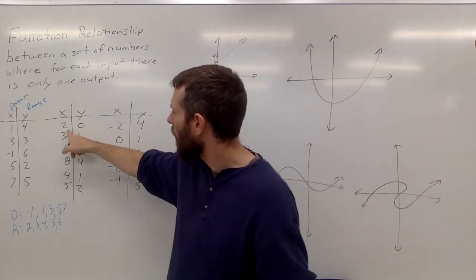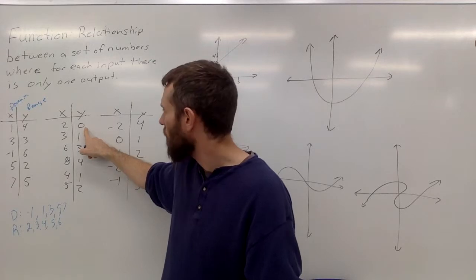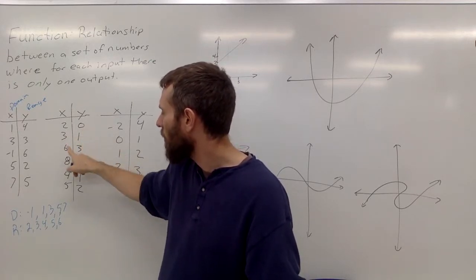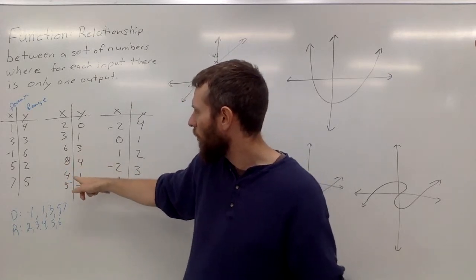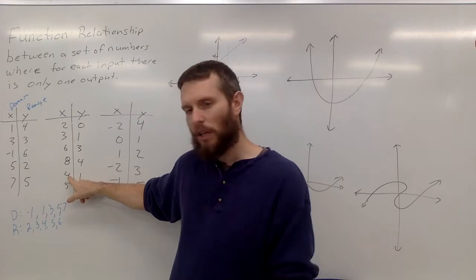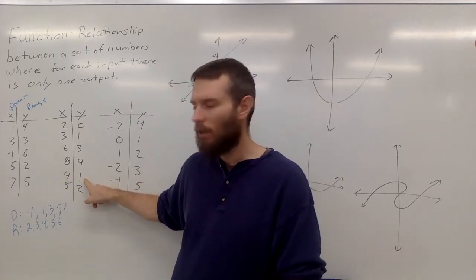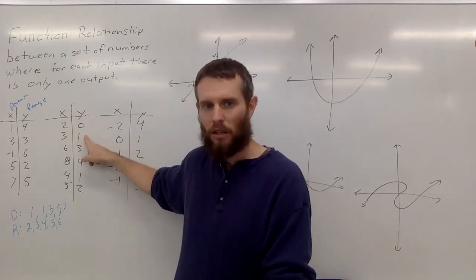For the input of 2, we have one value of 0. For the input of 3, we have a 1, for 6, we have a 3, and for 8, we have a 4. And now, when we come to here, we notice that if we input 4, we get a 1, but also if we input a 3, we would get a 1.